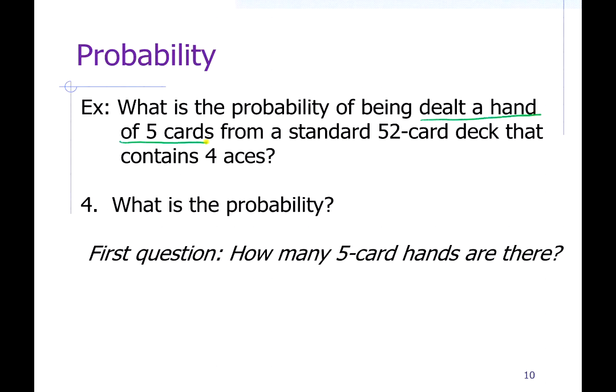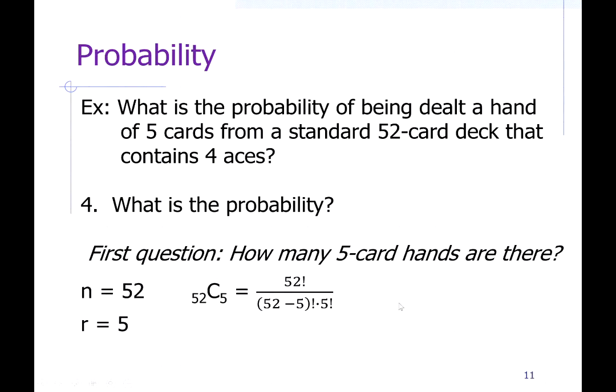So let's start with this. How many total hands are there of 5 cards? How many different groups of 5 are there from the group of 52? All right, so we know this is a combination problem. Out of 52 objects, we are choosing 5 of them. Okay, so we can apply the combination formula: n factorial divided by n minus r factorial times r factorial.